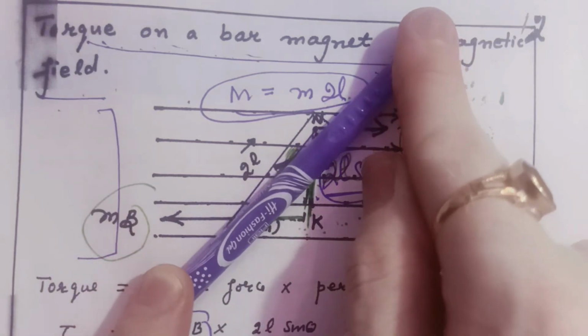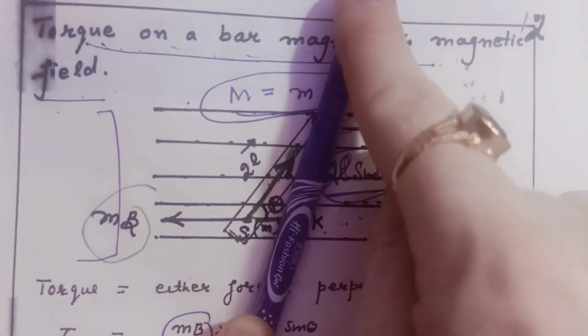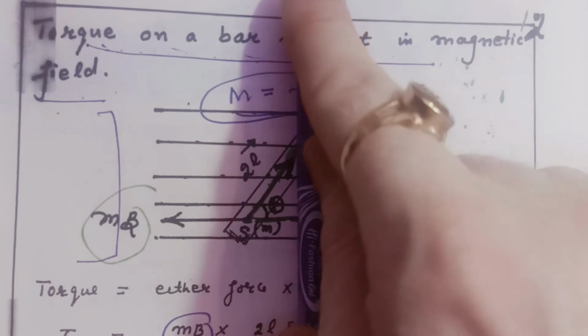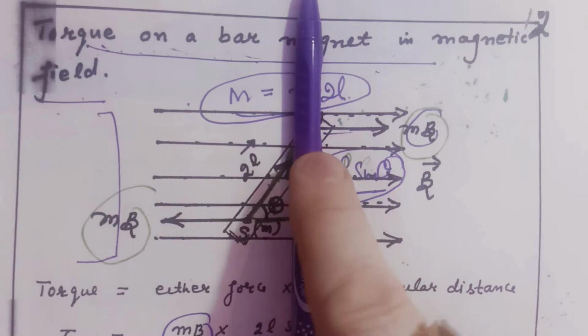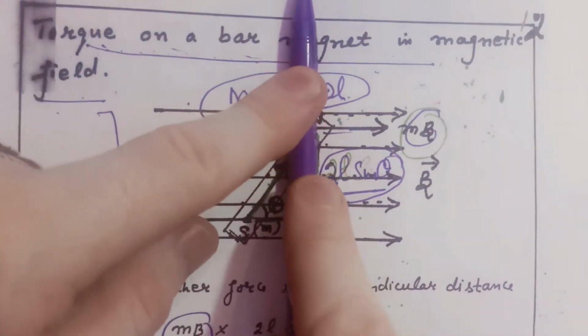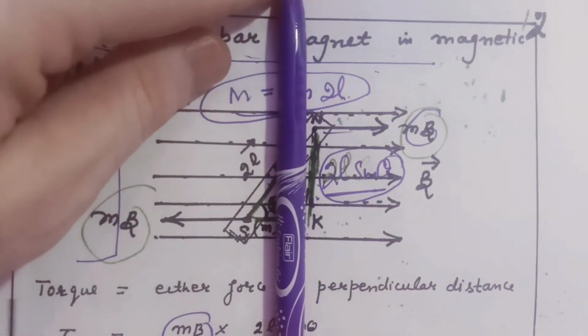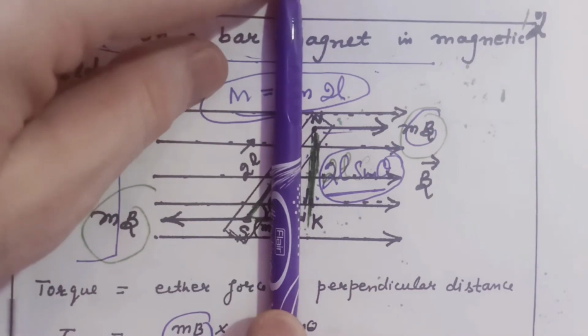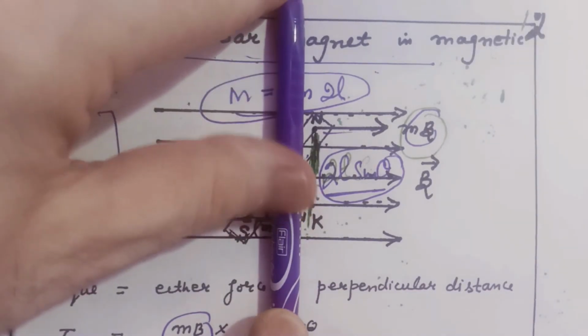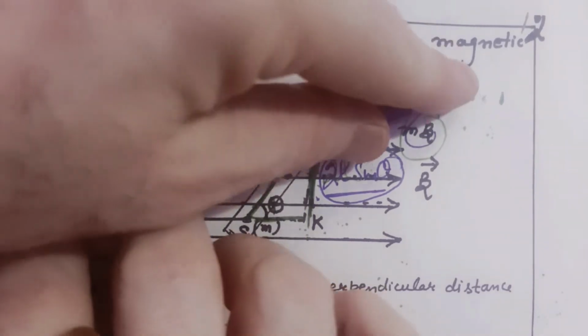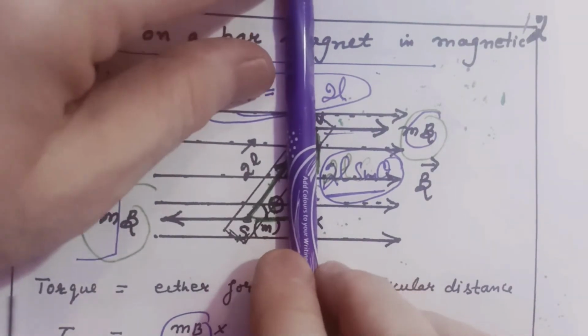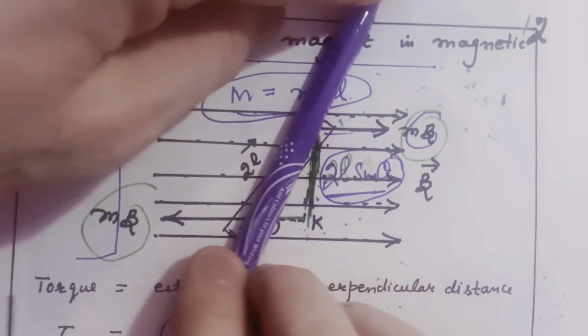And if the magnet comes like this, the torque becomes maximum, because theta is 90 degrees and sine 90 is 1. Maximum torque comes here, because now the torque will tend to rotate the magnet like this.